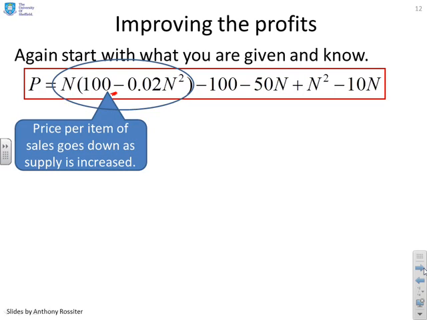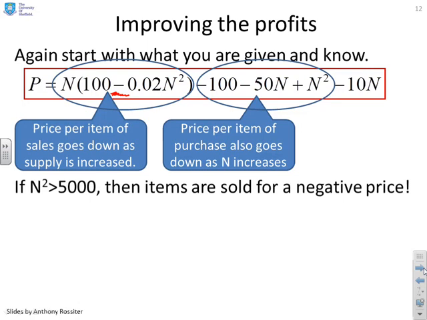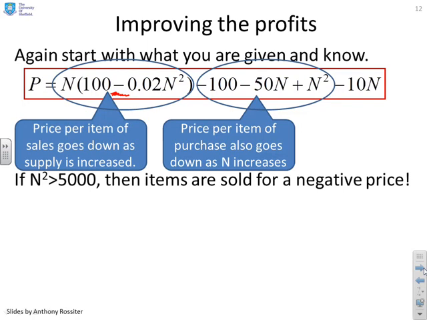You'll notice there's a minus sign in here, and because of that minus sign, if n goes very large, you actually find you don't have to pay to buy the items at all. If you look at the purchase price, which is this next bit here, again you've got a minus 100 minus 50n plus n squared, and the price per item of purchase also goes down as n increases. And so we end up with some simple observations.